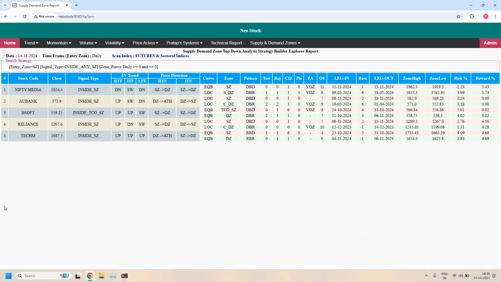We got 5 stocks. In these 5 supply zones, currently prices are closed in the supply zone. Now let's verify if any of these supply zones have EMA Confluence, daily EMA Confluence.